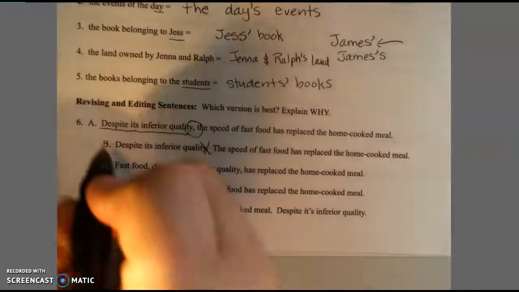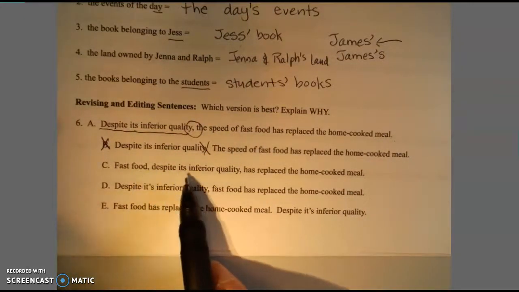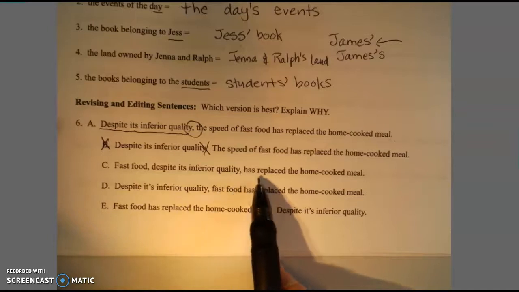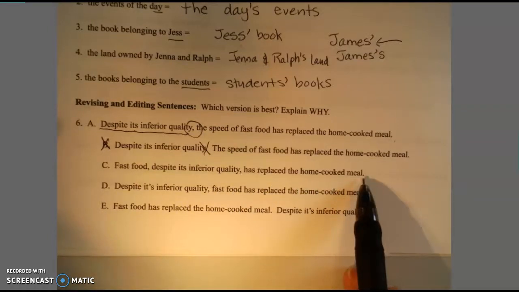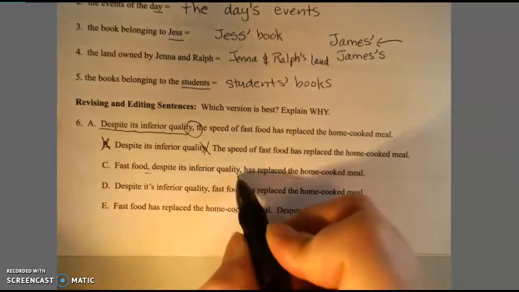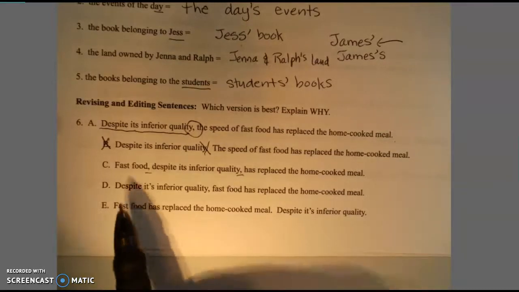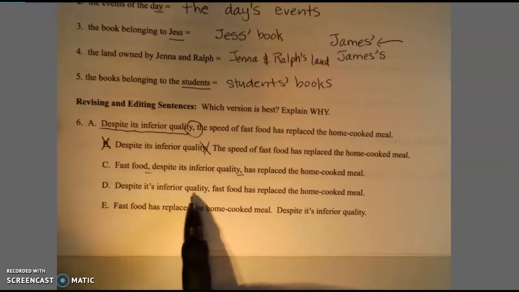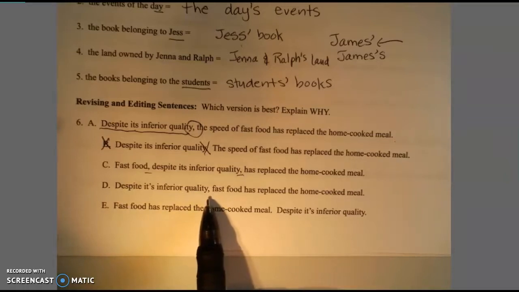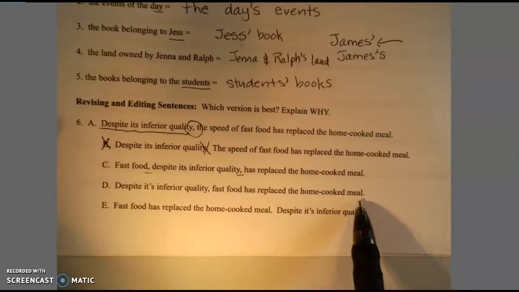So it's not B. C. Fast food, despite its inferior quality, has replaced the home-cooked meal. Ooh, I like that. This is an interrupter. It is punctuated correctly. That could be a possibility. Despite its inferior quality, comma, fast food has replaced the home-cooked meal.